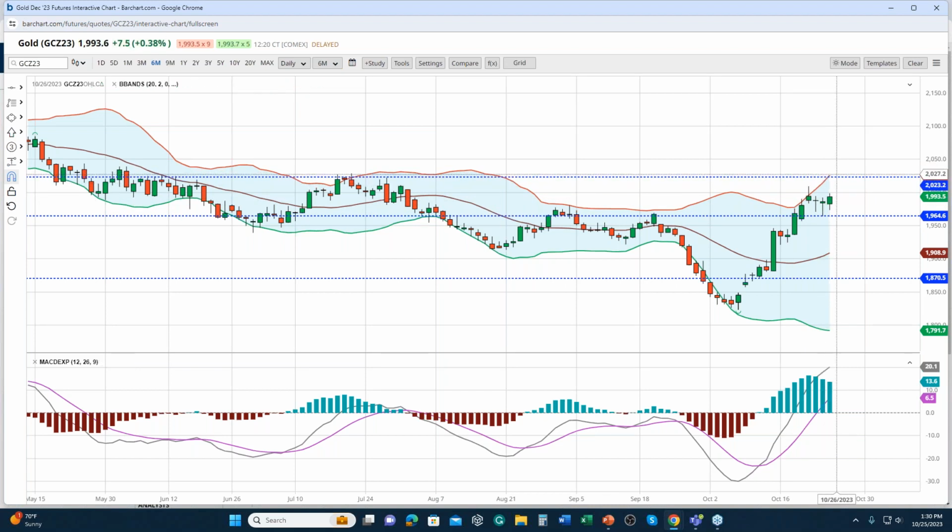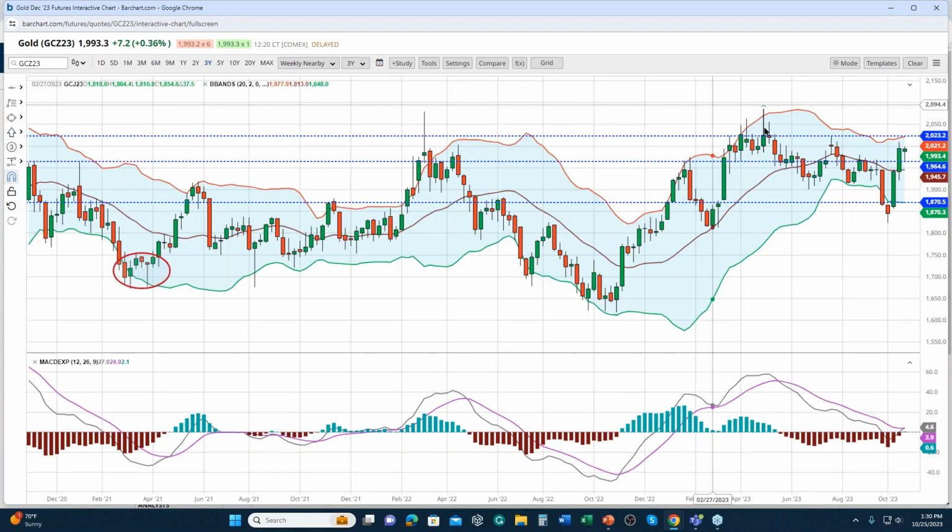In this case, more room to run to this outer band. What is really interesting today for gold is that our outer band on our daily is also our outer band on our weekly.